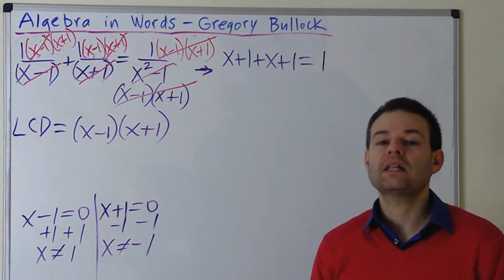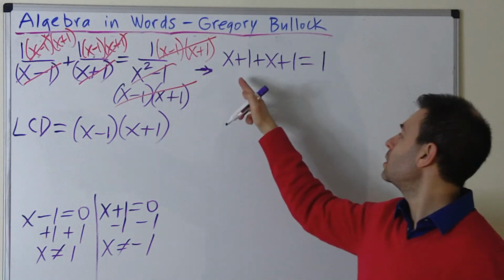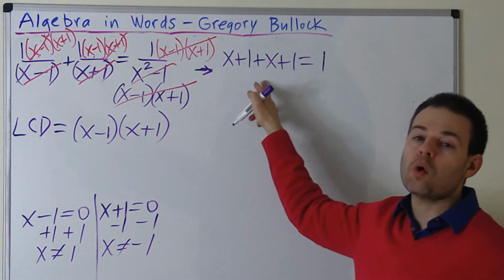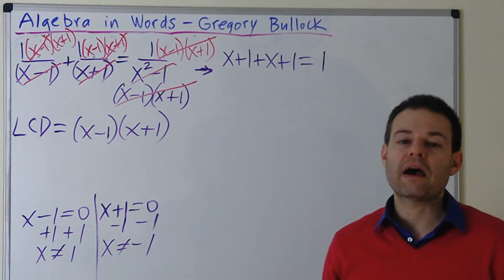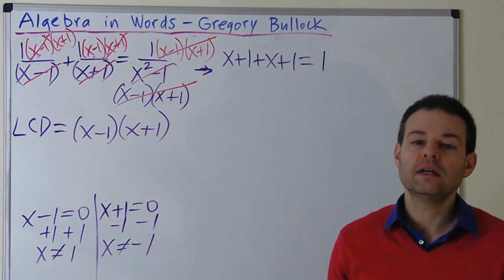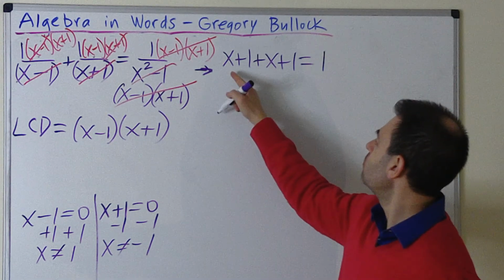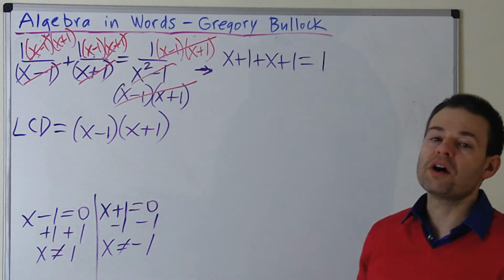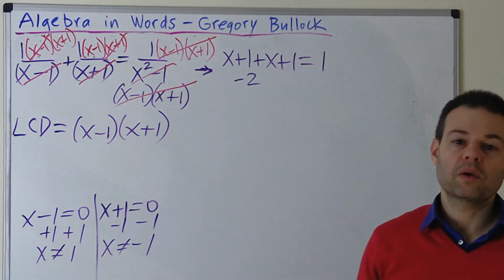Now, let's consolidate all like terms. Since we already know that we have only x to the power of 1 and constants, meaning numbers, let's move the variables to the left, or they're already there, and move all the other numbers to the right. So, since we have 1 and 1 on the left, I'm going to subtract 2 on both sides, because 1 and 1 is 2.